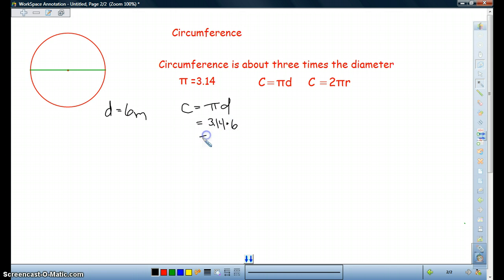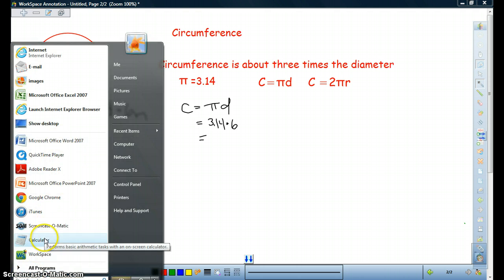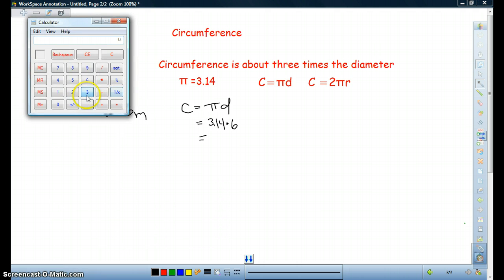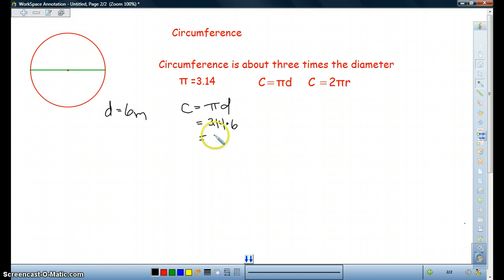That was our diameter. And then we're going to have 18.84. And 2 decimal places is what we're looking for. Still in meters because we're talking about perimeter. Circumference is just a fancy word for perimeter.